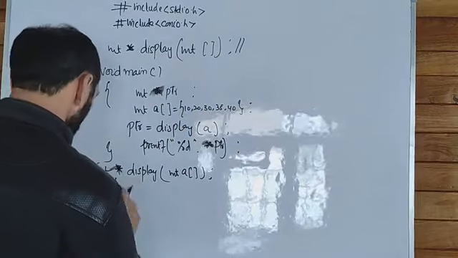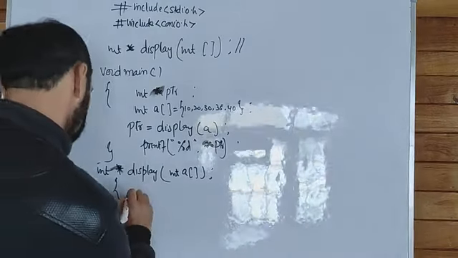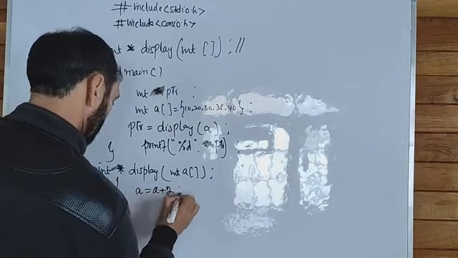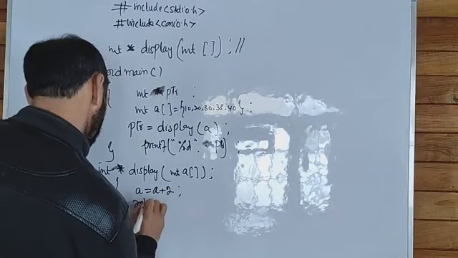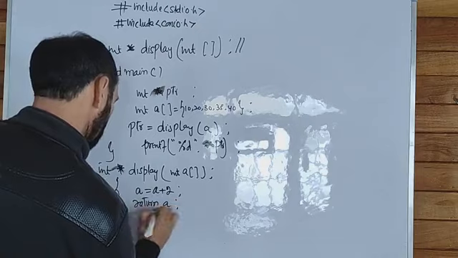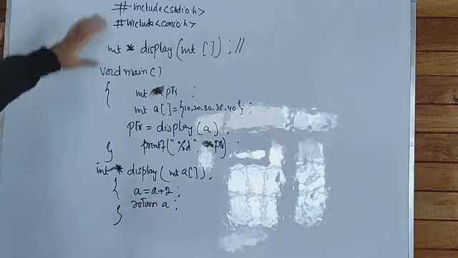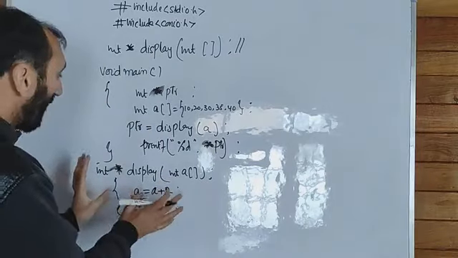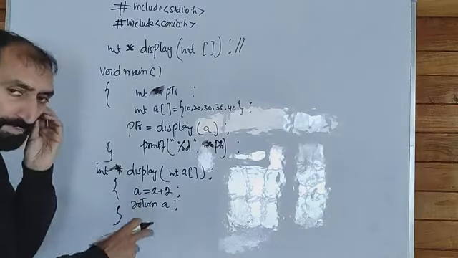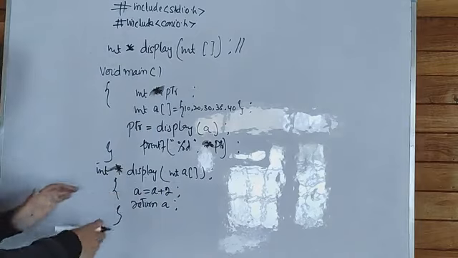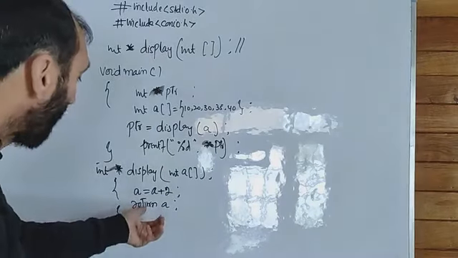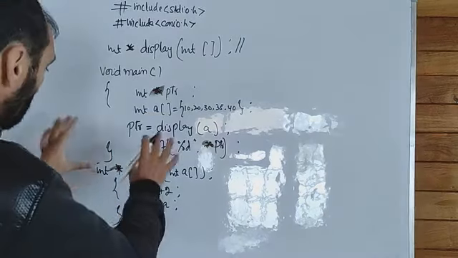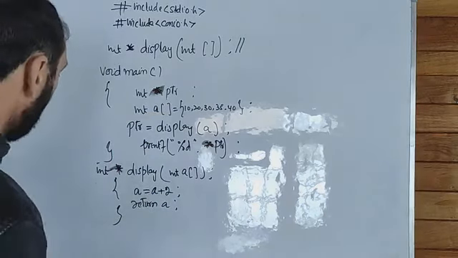After that, a equal to a plus 2, return a, and that is this program. With the help of this program, we will discuss how a function returns a pointer. How this function returns the pointer will be discussed in this video with the help of this program.